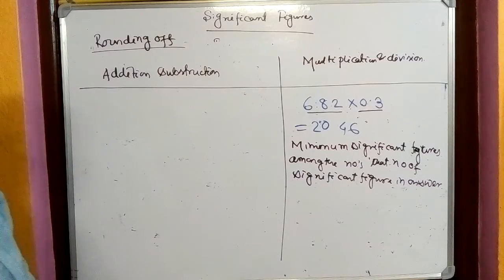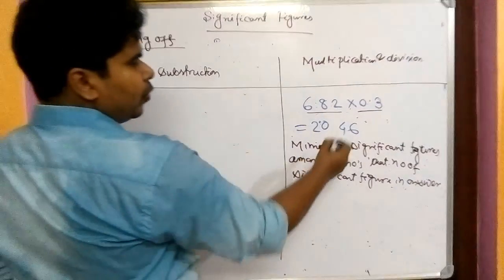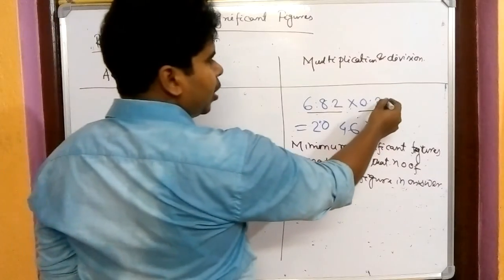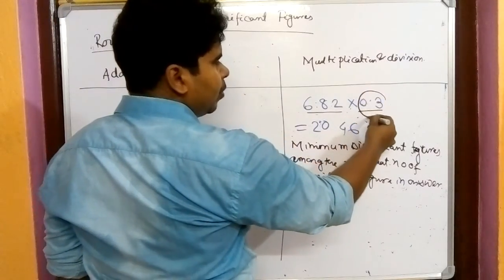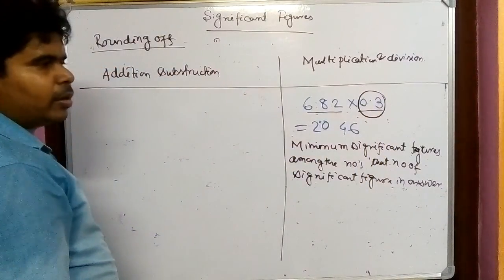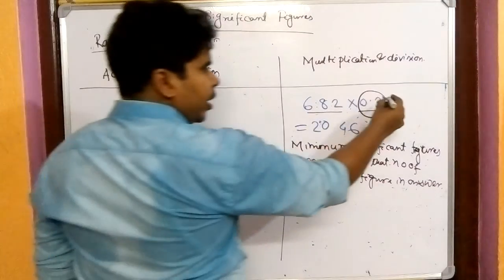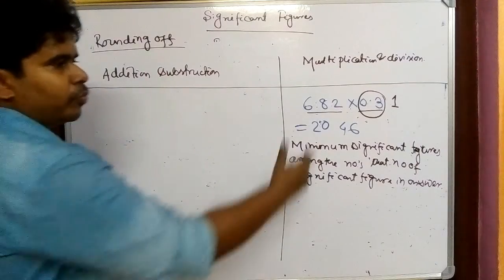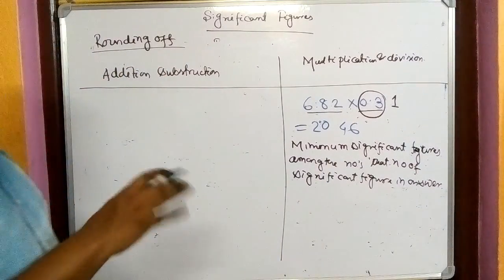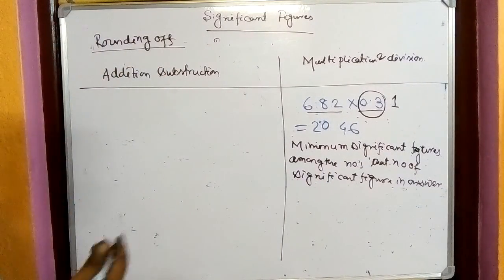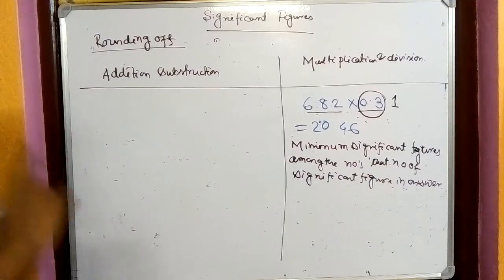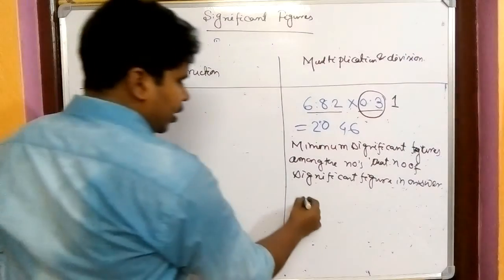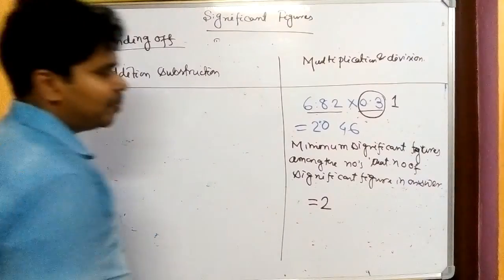Okay, now you might be thinking, sir, what is it? This is it, nothing to do. So 2.046, the number whose significant figures are fewer is 0.3, it is 1. So here the significant figure is 1, because the initial 0 before the point is not counted, only 3. So in the answer also there will be one significant figure. So here the answer should be 2.